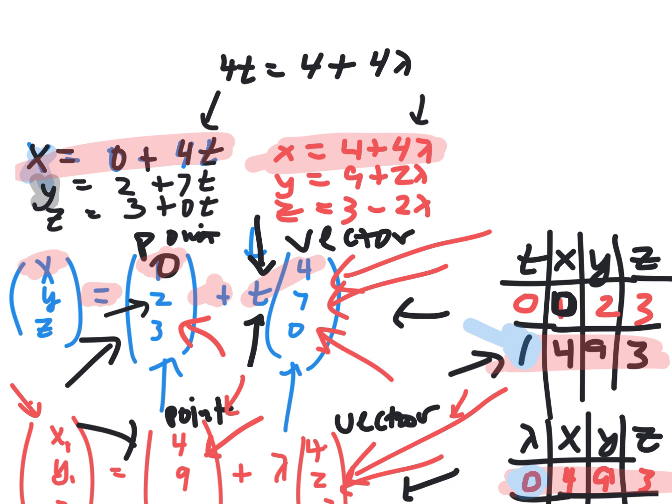A system with 2 equations and 2 variables, you can solve that. So this is going to be a system of 3 equations. Now here's the middle one. That equals that. And that's just 2 plus 7t equals 9 plus 2 lambda.